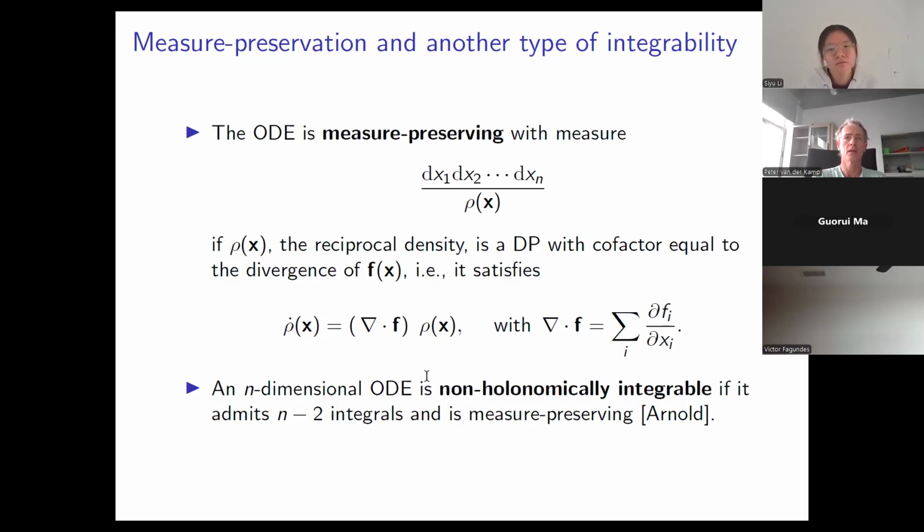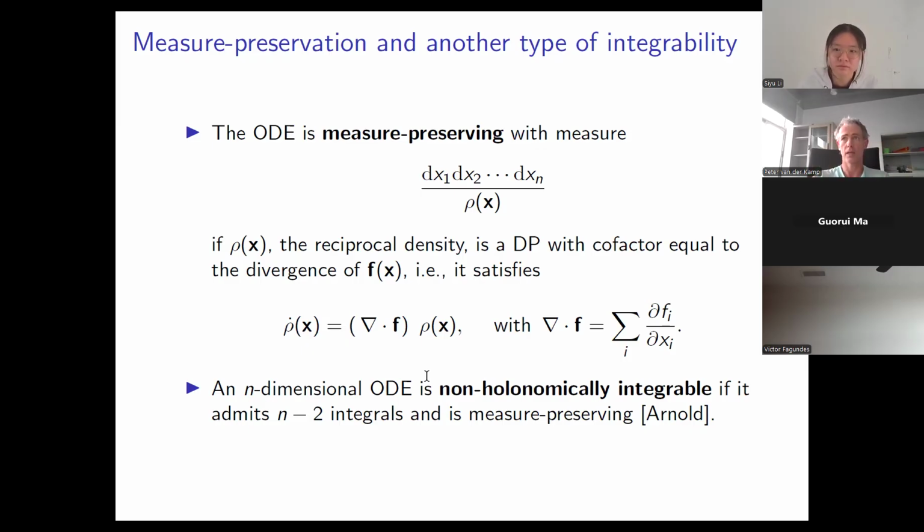And then here we have another notion of integrability that I just want to throw in. This is very similar to superintegrability. For superintegrability, you need n-1 integrals. But if you only have n-2 integrals, then Arnold is saying, well, that's not a problem. That's fine as long as your map is measure preserving.